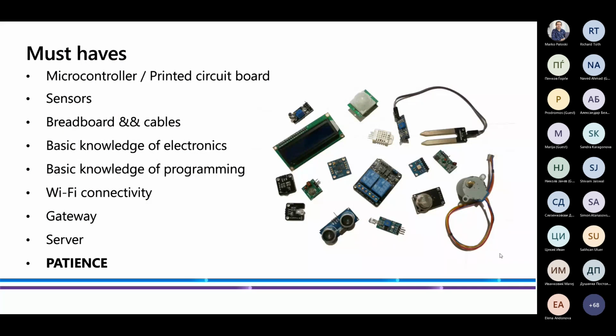The must-haves are these, and first of all, you have to have a microcontroller, sensors, breadboard and cables, basic knowledge of electronics, basic knowledge of programming, Wi-Fi connectivity, of course, a gateway like Raspberry Pi, a server like Azure, and of course, patience.